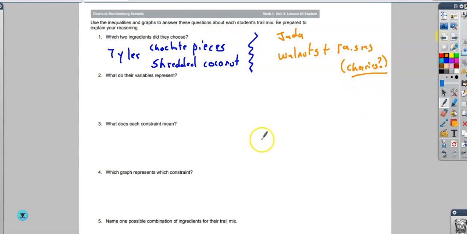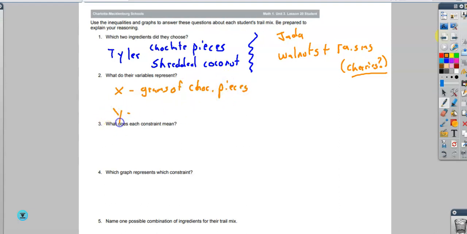Maybe. All right. So what do the variables represent? Well, we talked about that in Tyler, the X would represent the chocolate pieces. The grams, that's the weight, of chocolate pieces.